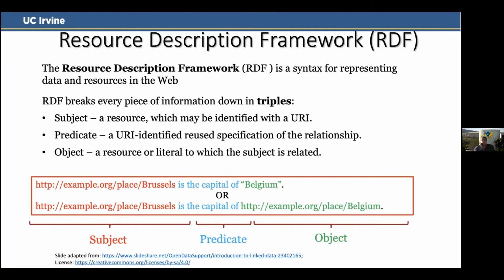And then the object, which could be a literal, like Belgium, just the string. But what would be more useful is having another URI there that described what Belgium is. And so every RDF statement in every linked data file is a tuple. It's got these 3 parts to it, and we'll see some examples of that.